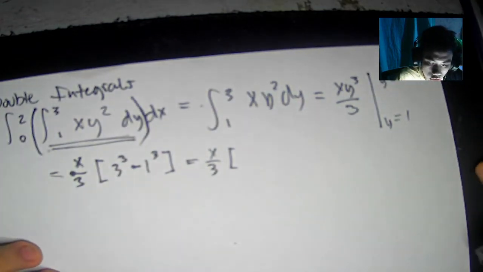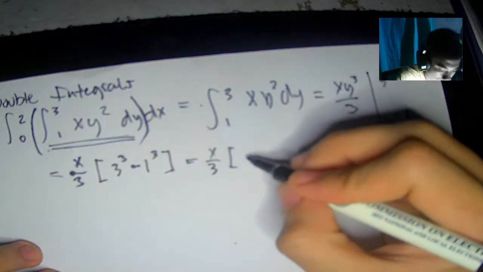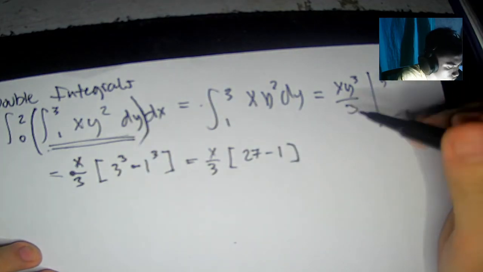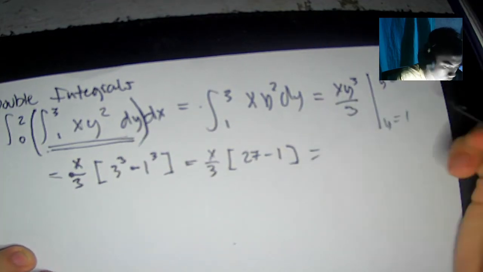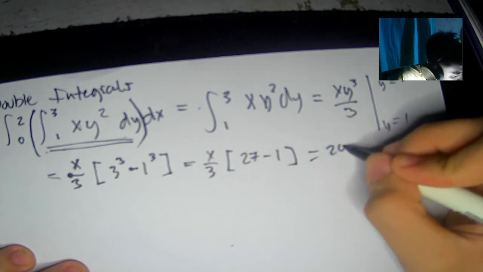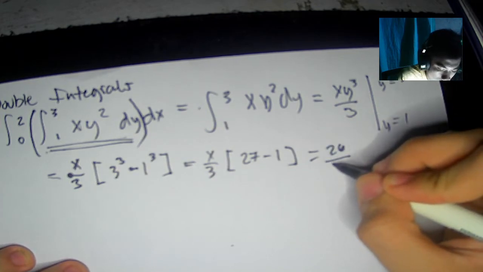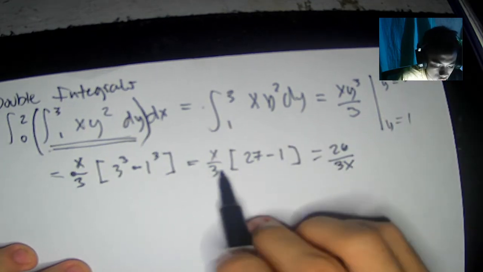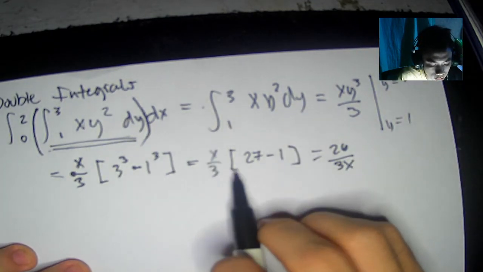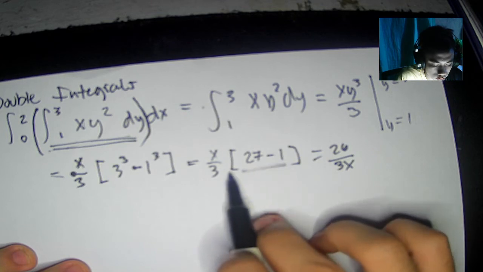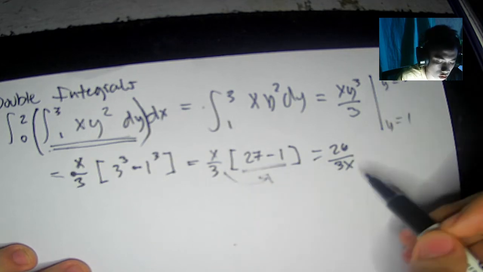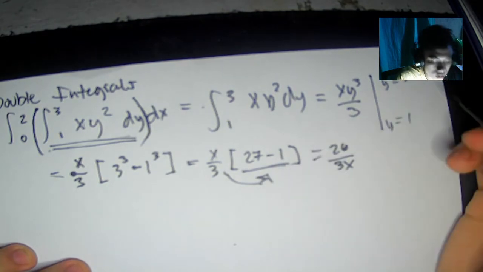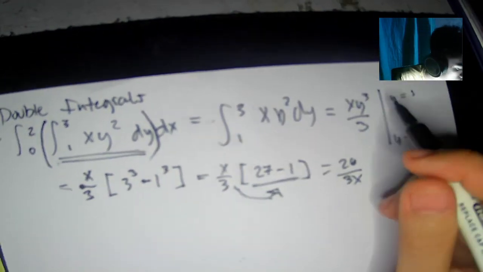What is 3 cubed? 3 cubed is 27, minus 1. So our answer is 26 over 3x. Okay, so I'll just simplify it. We'll have 26 over 3x.